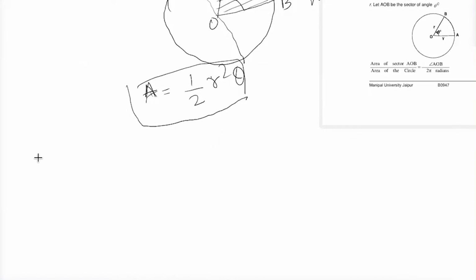So let's say there are two circles. One is a full circle and one is just a sector. Then we will compare these two.